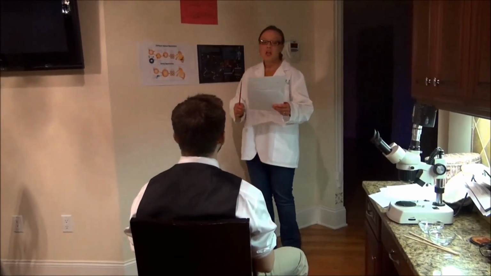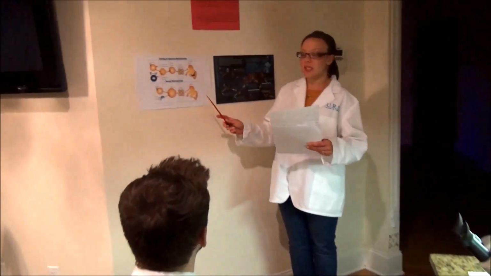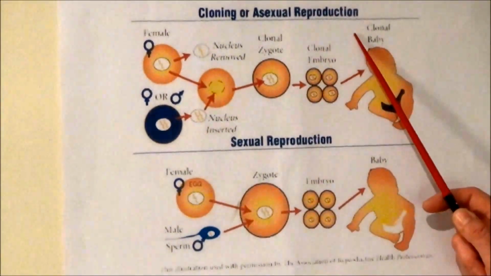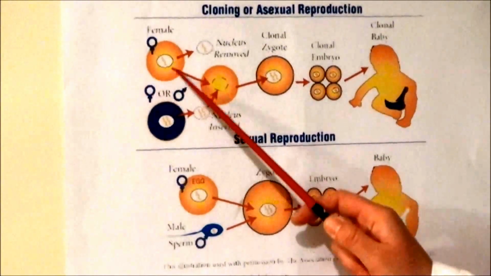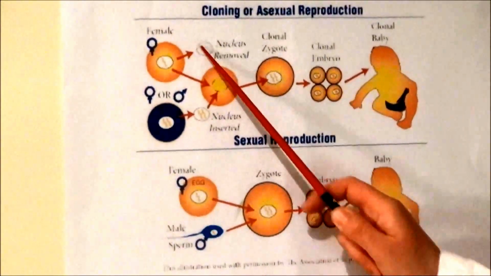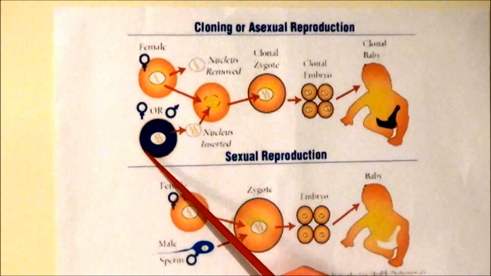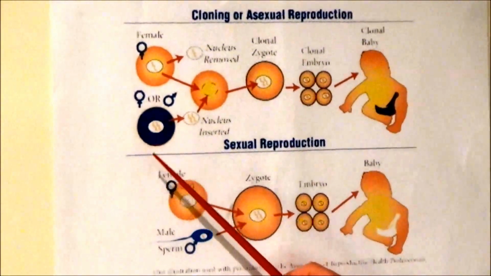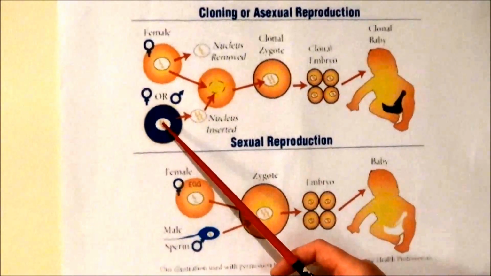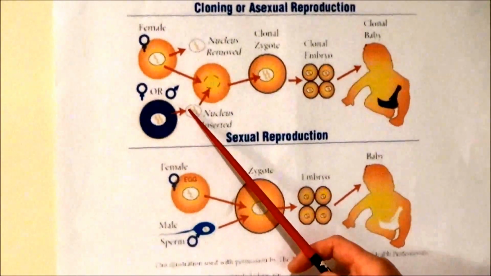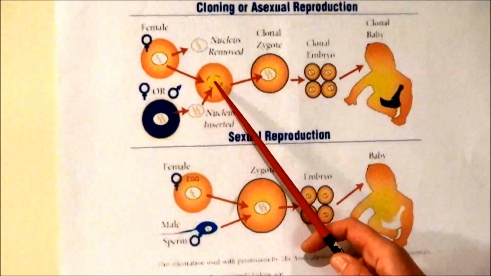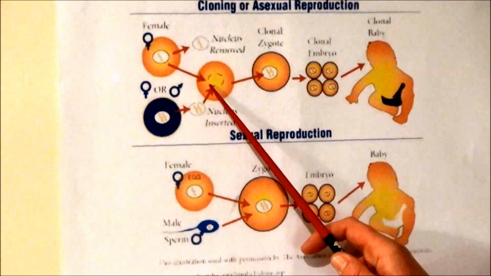So, humans are cloned using asexual reproduction. With cloning and asexual reproduction, we still use that female's egg. We remove the nucleus from it so that it's empty. And then we use what's called a somatic cell, which is why we call it somatic cell nuclear transfer. We take the nucleus of that somatic cell and we put it into the empty egg.